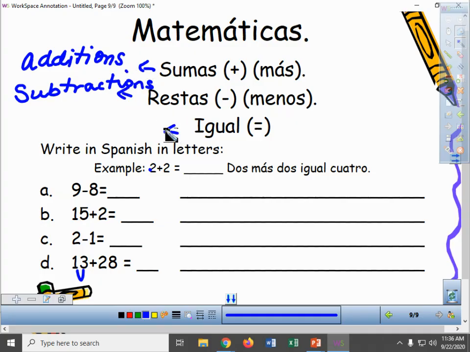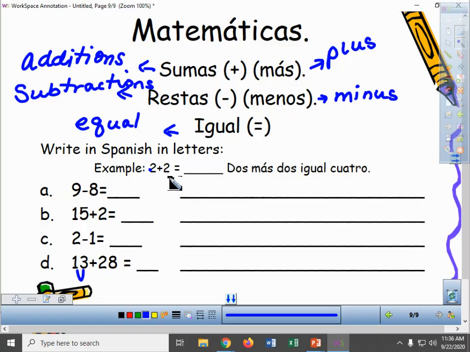Igual means equal. Okay, so más, in the case of math, means plus. Y menos means minus. So that's why when I say dos más dos, 2 plus 2.